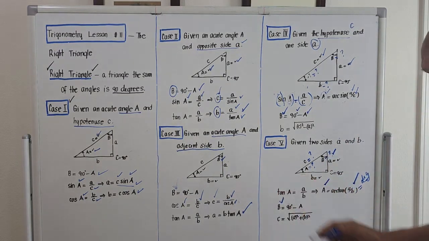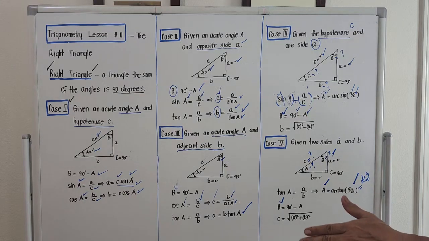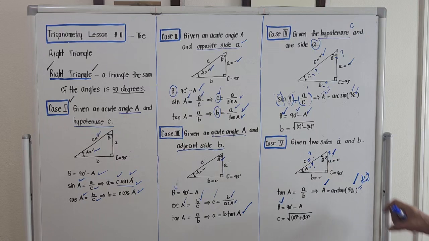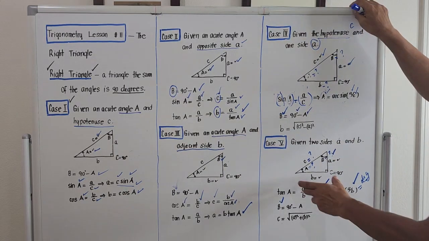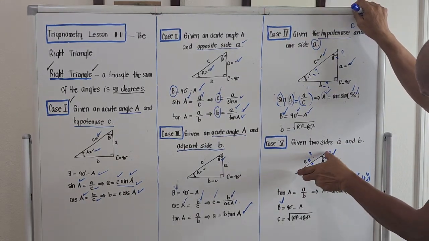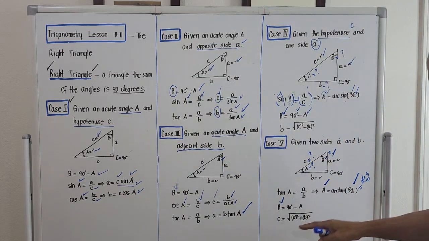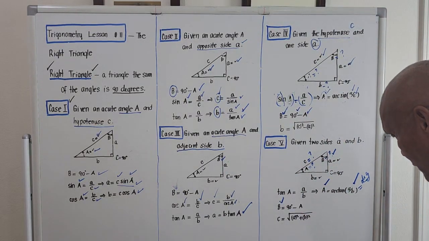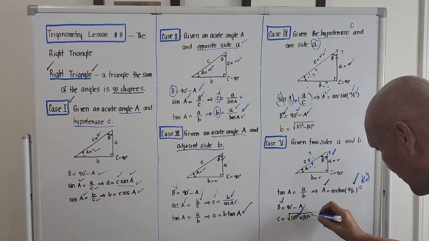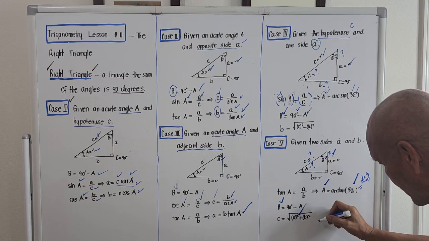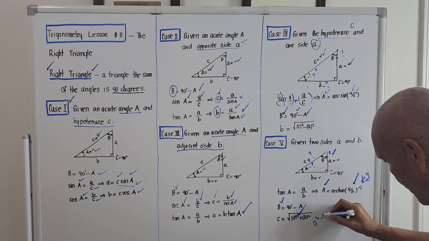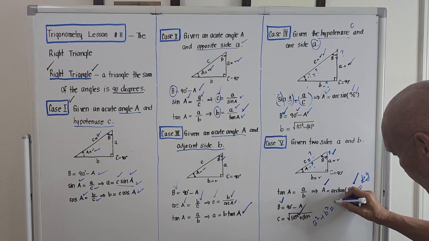And how could we compute for the value of C? Again, we use Pythagorean principle. We are given side A, we are given side B, and we are solving for the hypotenuse. So C now will be the square root of A square plus B square. As usual, we start with A square plus B square equal to C square.